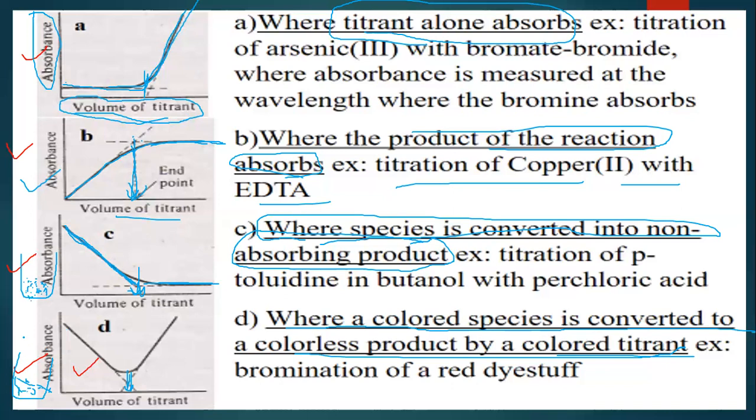But as you were adding the titrant from the burette, there was a continuous reaction between these two species, what you are adding and whatever was present over here. So its concentration gets decreased, whatever was present in the reacting flask. Okay, and at a certain point that concentration will become zero.